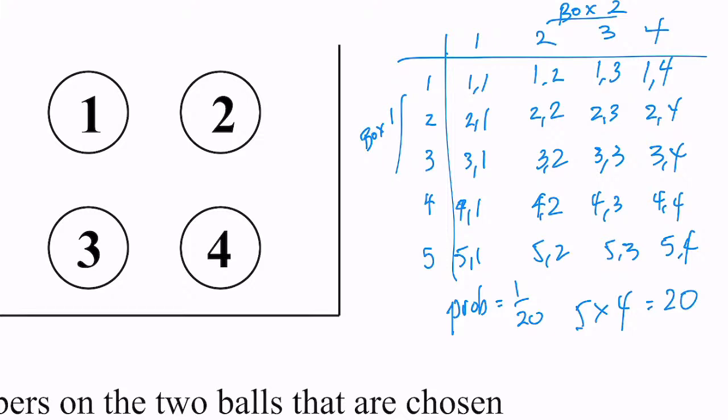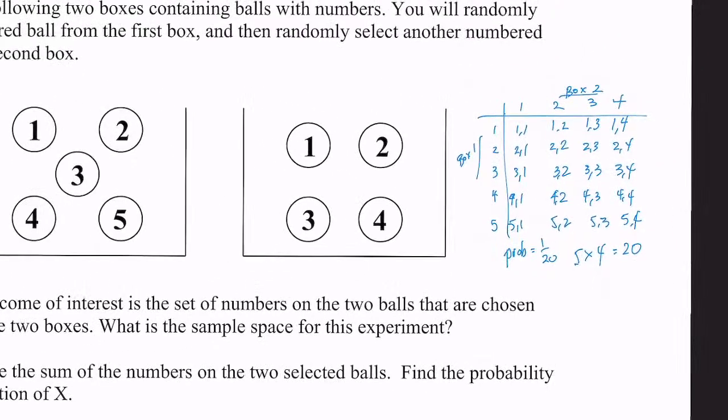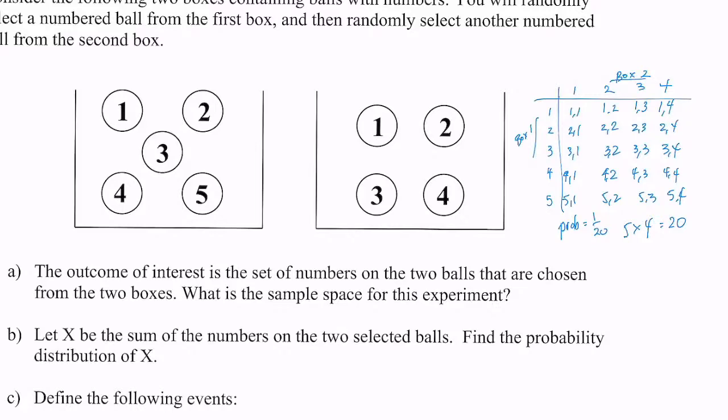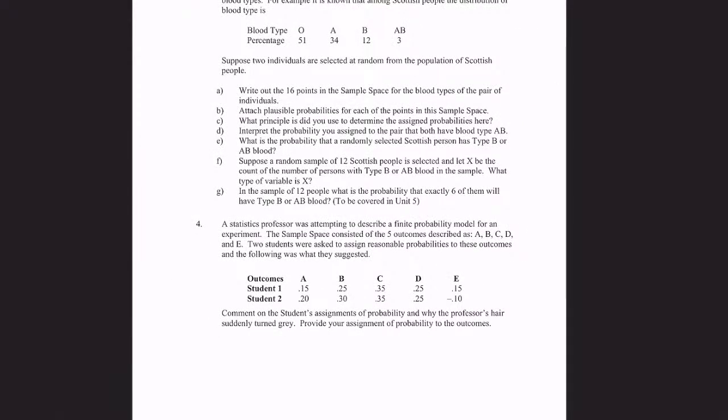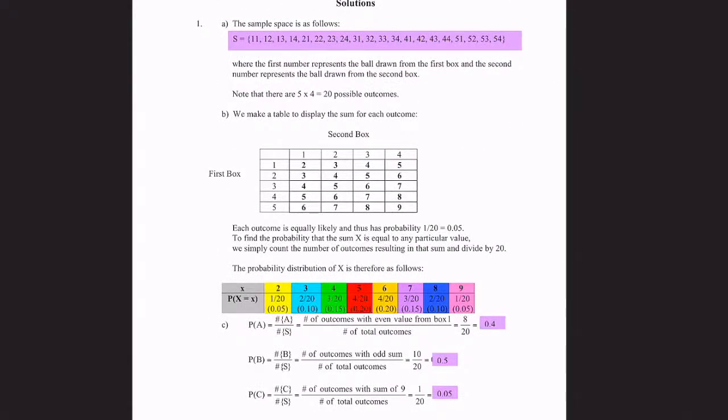So you could leave the matrix, or in the solutions for this practice assignment, it actually lists all the outcomes in curly brackets like this. Let's see what they do. I think it's curly brackets. There it is. Yeah, curly brackets.